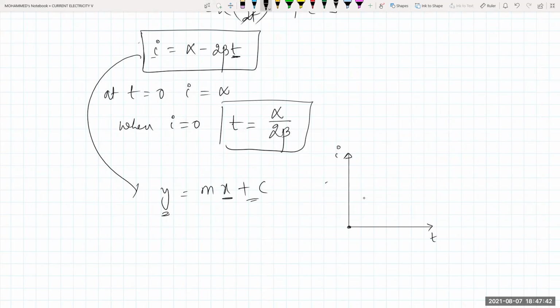At time t equal to 0, the current is maximum, which is alpha. Then at time t equal to alpha by 2 beta, the current becomes 0. A straight line passing like this. This will be the graph. Clear?